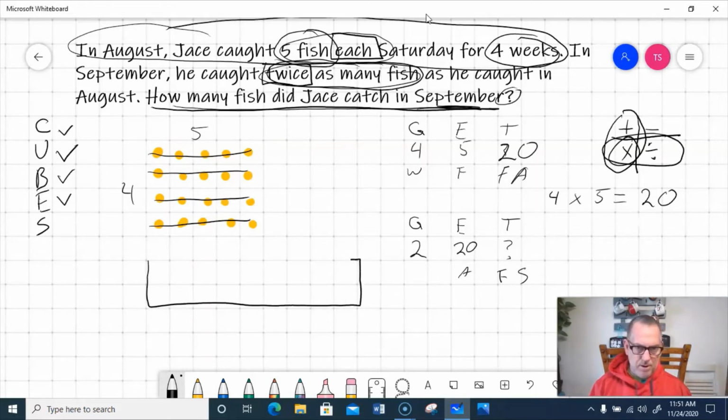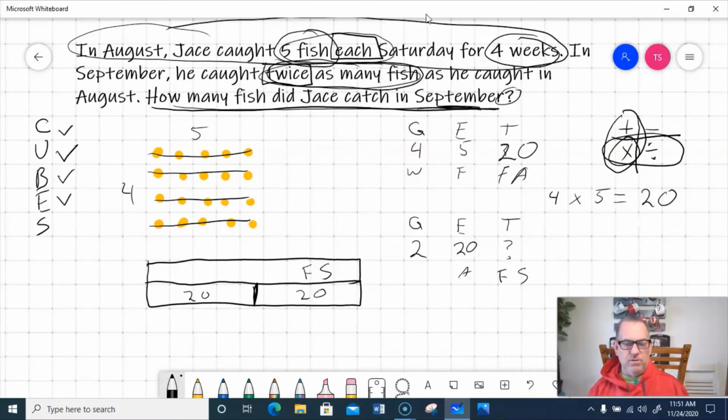So I got a strip right here, and I'm going to make a part-whole strip. The top right here is going to be fish that he caught in September, and I got 2 groups. In one group I'm going to have this 20, and I'll have 20 in this group.